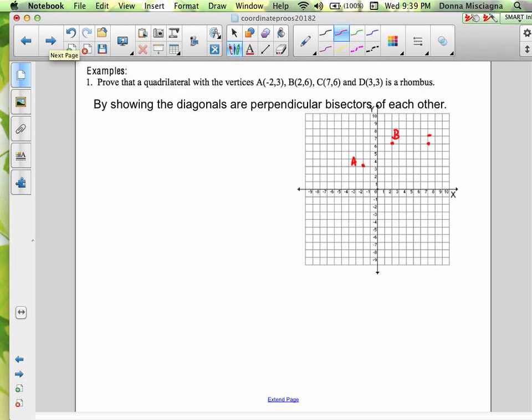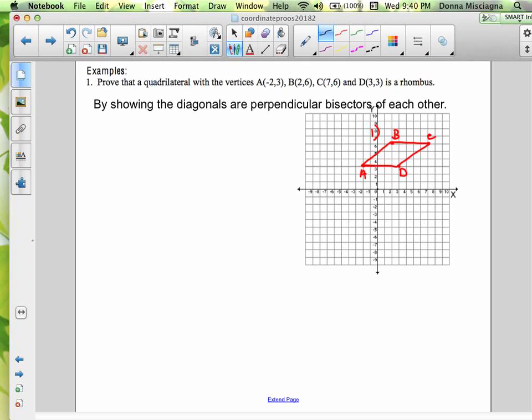Label that C, and 3, 3. And label that D. And so we'll connect. So let's go A to B to C to D to A. I almost went the other way. Not that it would have made a difference, but just want to be consistent for you. All right, so that is step 1.